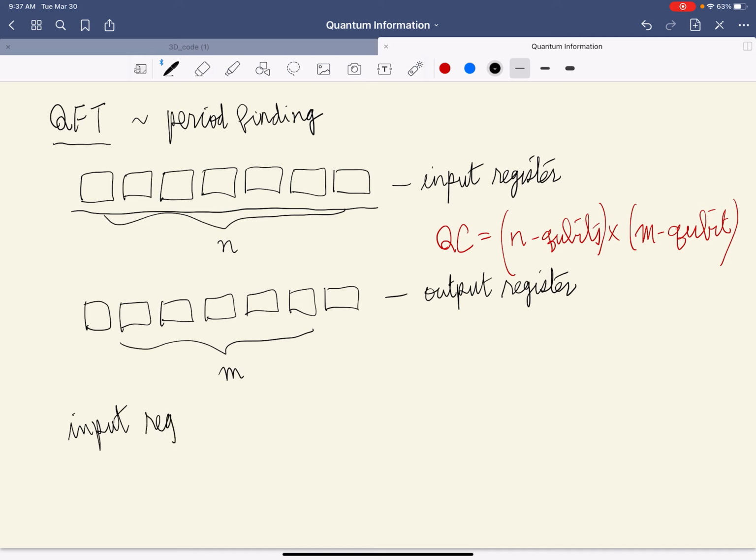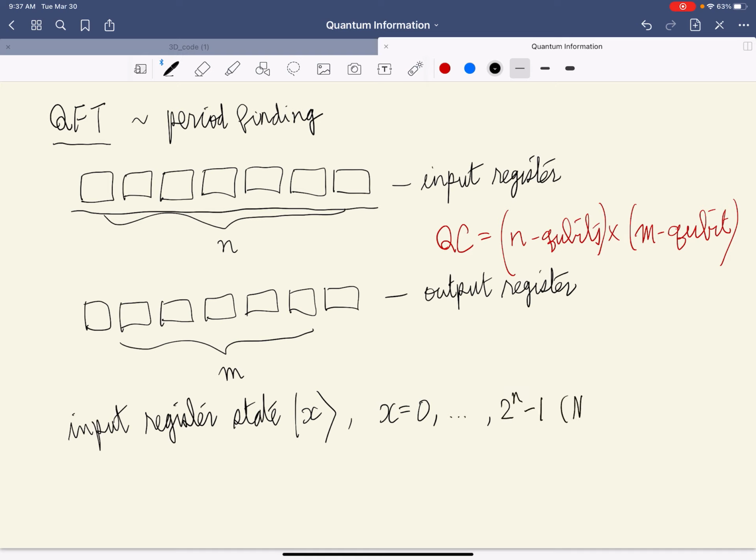Input register, not cluster. So the input register state can be simply stated as x, where x is an integer ranging from 0 all the way up to 2 to the n minus 1.